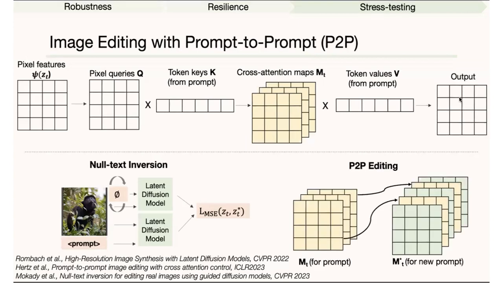And this paper shows that you can now do targeted insertion of these attention maps into the cross-attention maps for your new prompt during the diffusion process, and that's the way in which they can do targeted editing. So you can get an image that satisfies your new prompt and your original image.